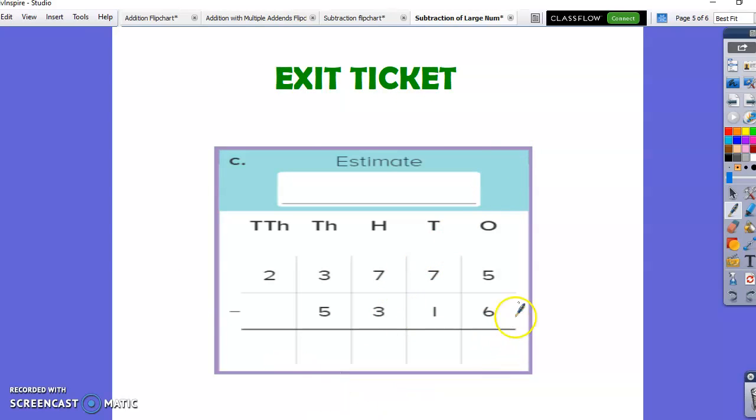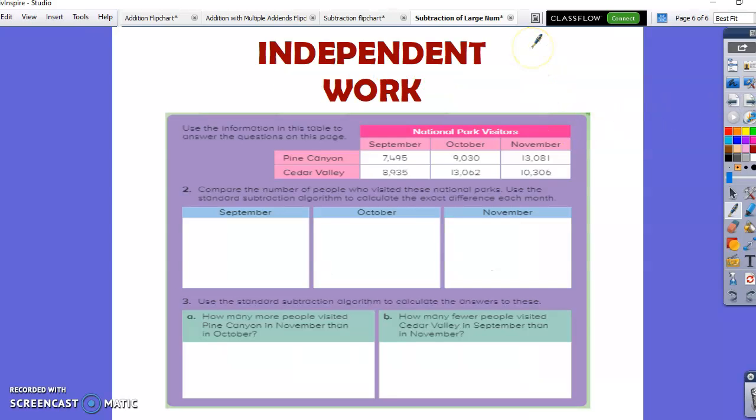After you have completed the exit ticket, you will turn it in with the attachment of your work, and then you will move to the independent work, which is on page 47 of your Orgo workbook. And again, that will be explained on Friday number 3, Orgo independent work, and it is number 2 and 3 on page 47.